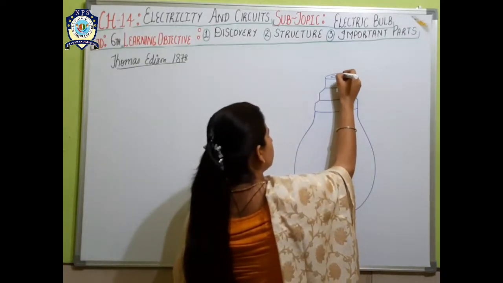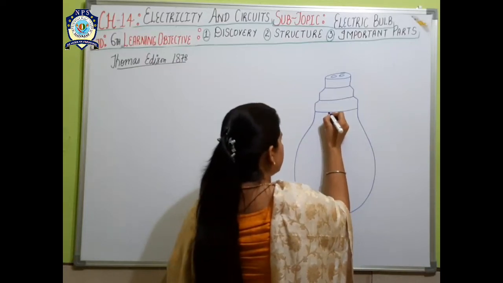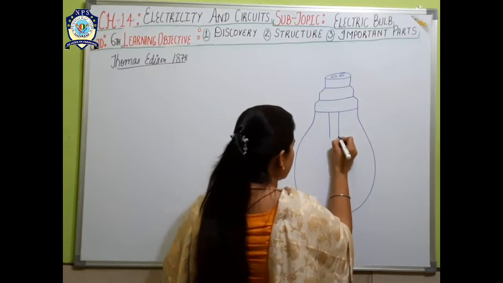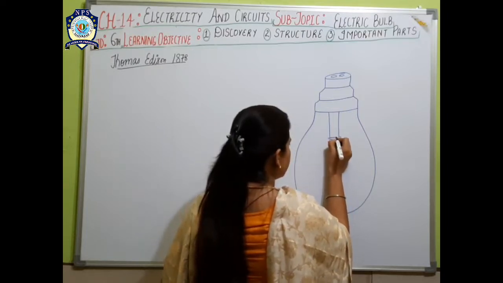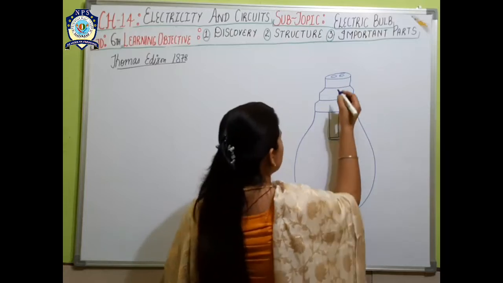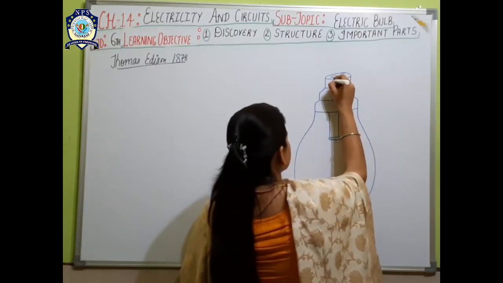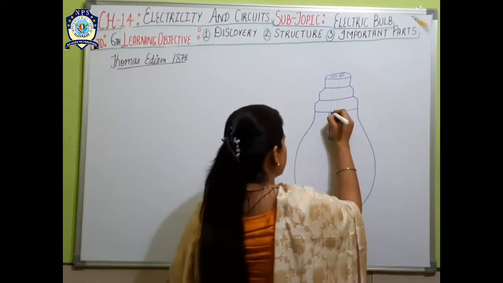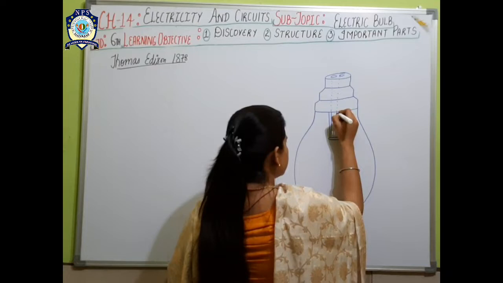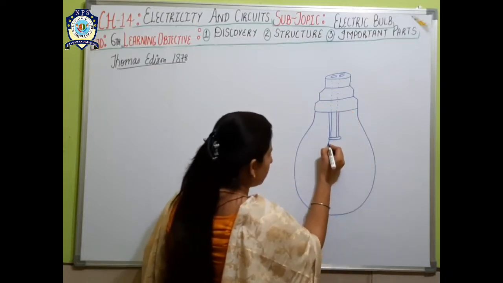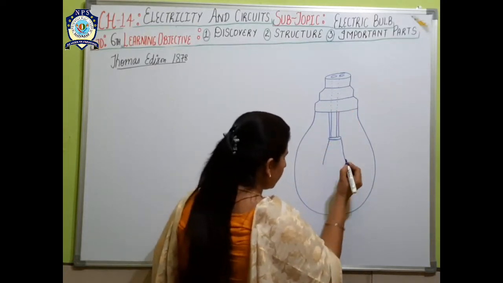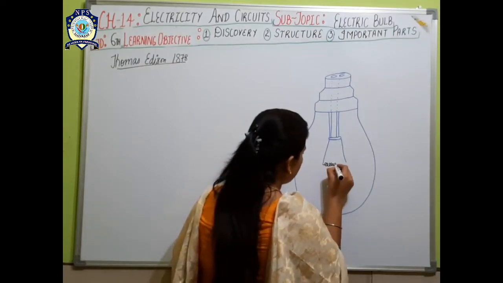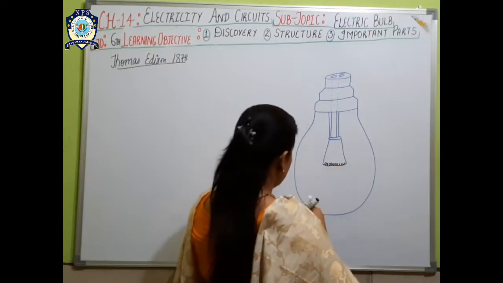It has 2 contact points, and in between it has thick glass. Also there is an extension of the contact points with the wires. It has 2 support wires, and these 2 support wires hold the highly coiled filament.